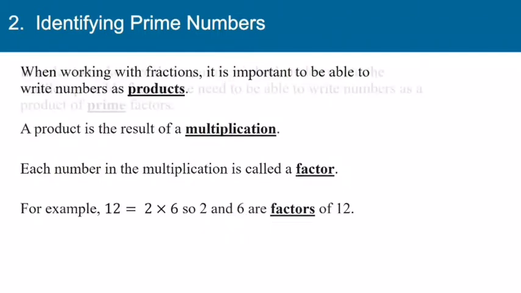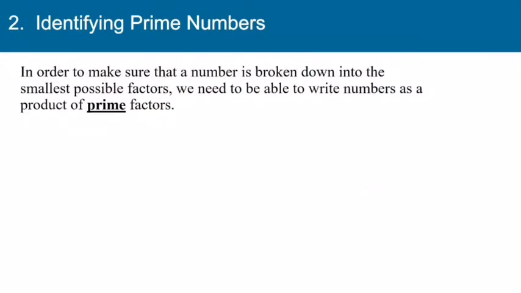the factors. Now that we understand the idea of factors, we can start to talk a little bit about prime numbers. In order to make sure that a number is broken down into the smallest possible factors, we need to be able to write numbers as a product of prime factors. So what does prime mean?